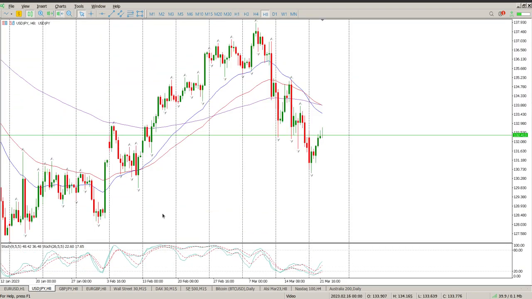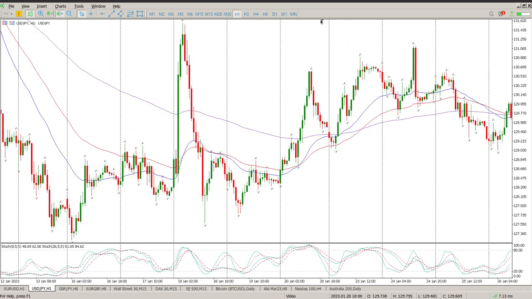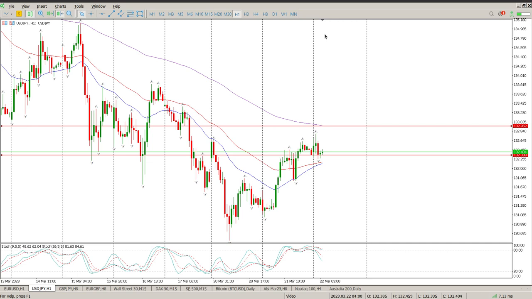Moving on to US dollar Japanese yen, and you can see a pretty strong move down. We've crossed over all the moving averages now. We are in an area of fairly strong resistance, so pay attention to what's happening here. Look at these tails, pin bar, pin bar. What you'd want to do is look at the low of this morning, which would be 132.338.